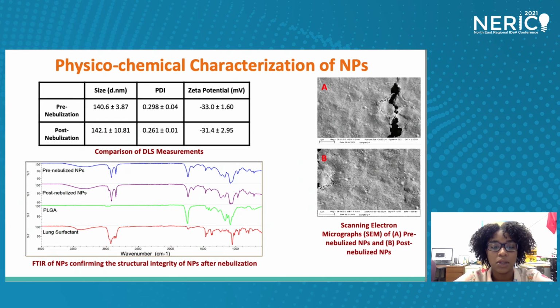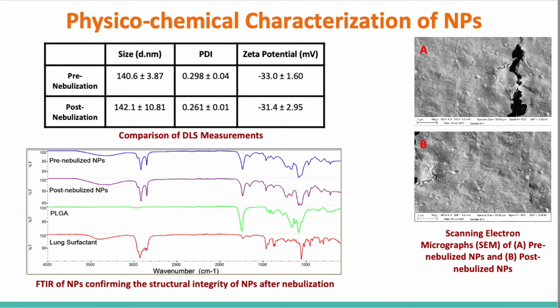Nebulizing the nanoparticles would allow drug-loaded nanoparticles to enter the body directly towards the lungs. So at the top, we have the comparison of the DLS measurements, both pre and post nebulization. And as you could see, the particle diameter, as well as the PDI and zeta potential, have shown no significant change after nebulizing the nanoparticles.